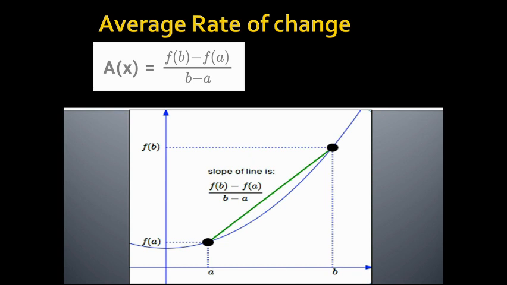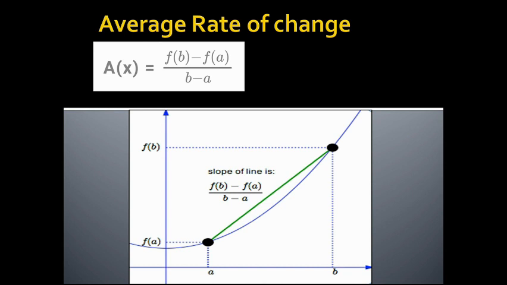Now, what is average rate of change? As we know very well, whenever we are going to find the distance between any 2 points, here we have the 2 points. Let's say this is your point A and the value at this point is f of A, and this is your point B, and here we have f of B. When we find the distance between these 2 points, we draw a secant line. A secant line is defined as the line between any 2 points on a curve.